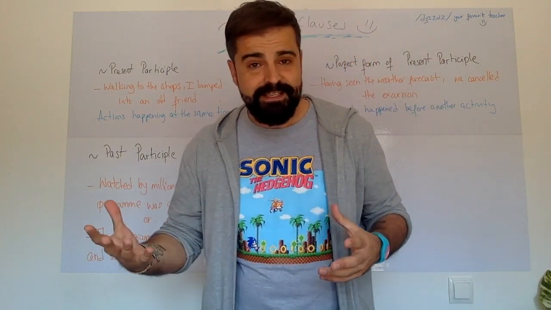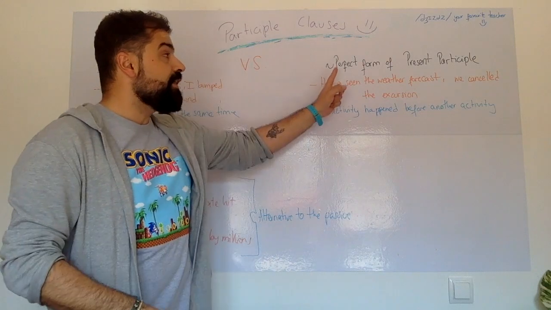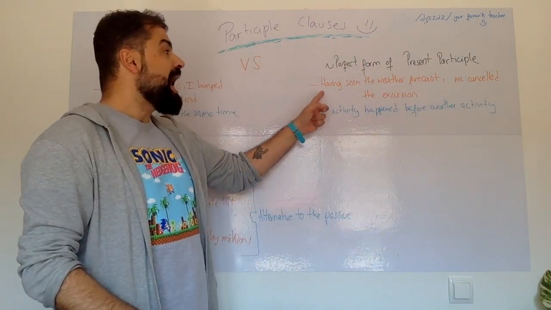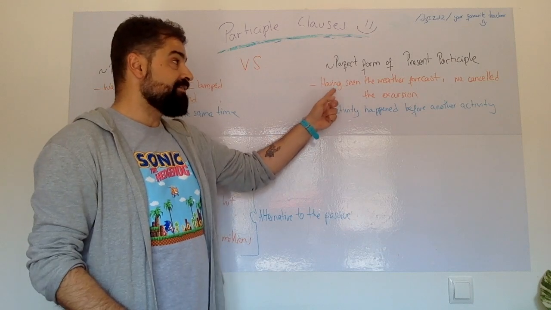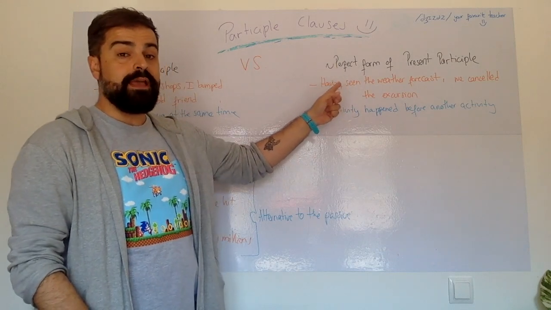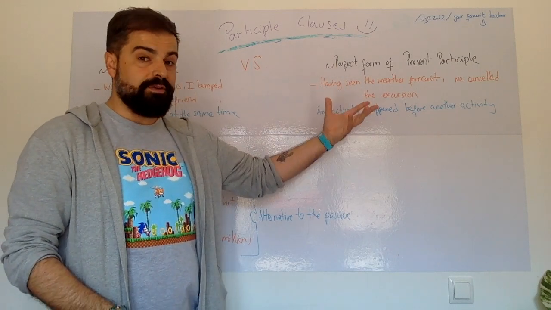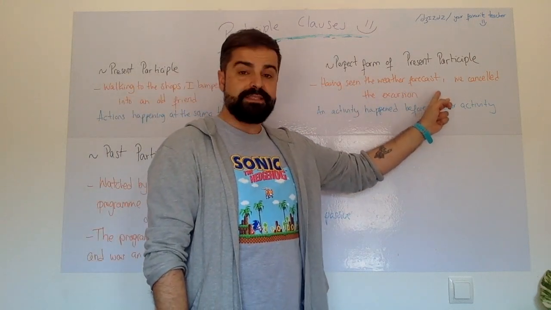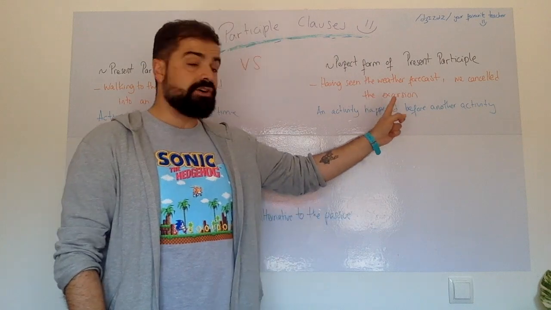On the other hand, we have the perfect form of present participle. Like, for example, having seen. And now you know why we're using the word perfect, because we have the verb have. Having seen the weather forecast, we cancelled the excursion.